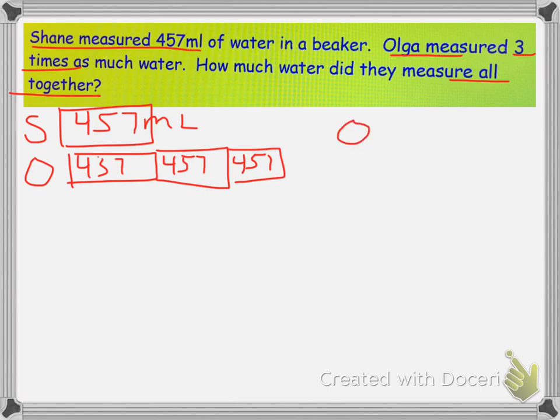So in order to get Olga, here's my work. 457 times 3. I'm just going to do the standard algorithm here, so I have space to do my addition algorithm. 3 times 7 gets me 21. 3 times 50 is 150. 150 plus 2 tens, 15 plus 2 gets me 17.